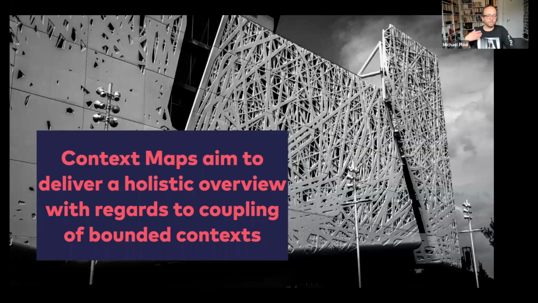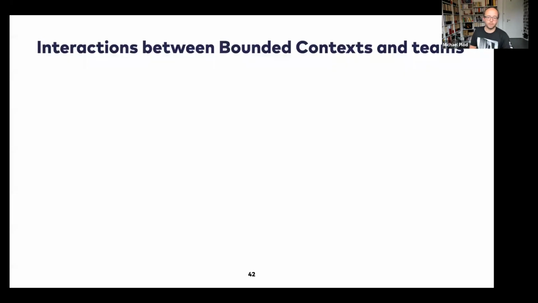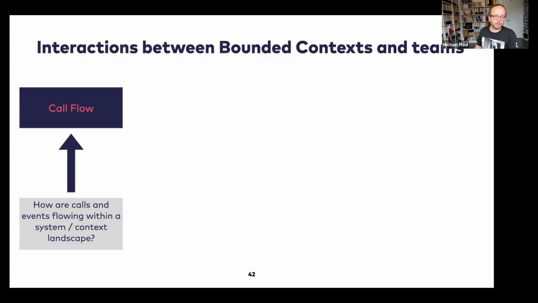And the context map aims to give you a very deep insight about this kind of coupling. If we take a look at various interactions between bounded contexts and teams, the easiest thing that we always look at is something like a call flow. System X calls a service provided by System A. System B publishes a bunch of events which are being consumed by a handful of other systems.